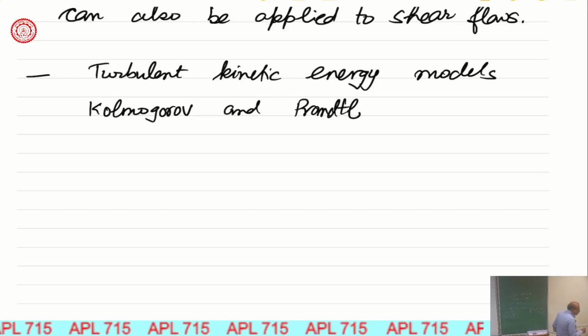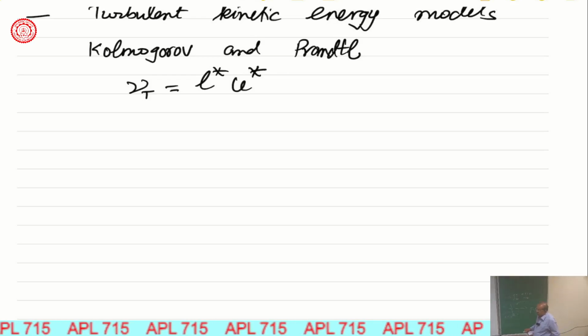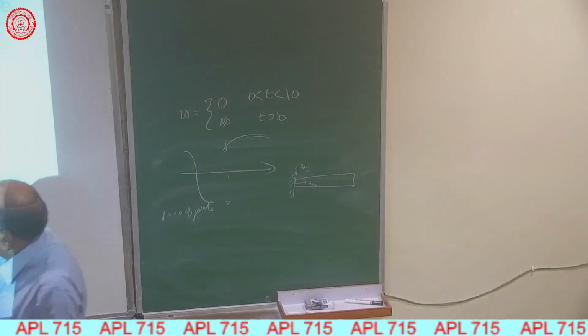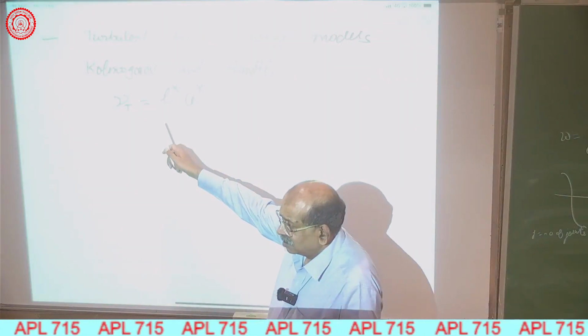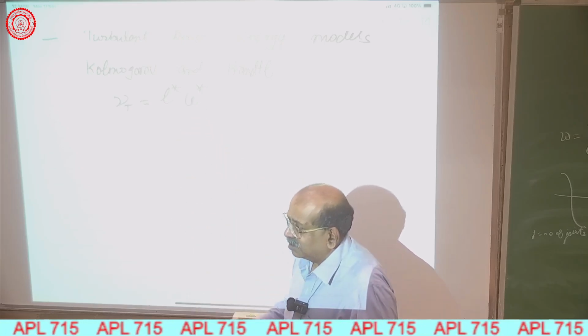The motivation for this is, we know nu t is equal to L star times U star. Sometimes you may wonder, I should put a constant also. But that constant will be absorbed either in the definition of L star or U star.